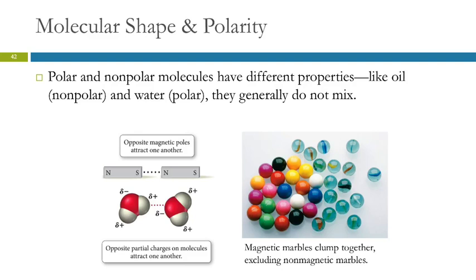The glass marbles get pushed out because they are not attracted to the magnetic marbles. Does that make sense? So this is like the oil molecules, this is like the water molecules. The water molecules are very much attracted to each other. And in order for them to get close, they push everything else out. It was kind of like a clique in high school.